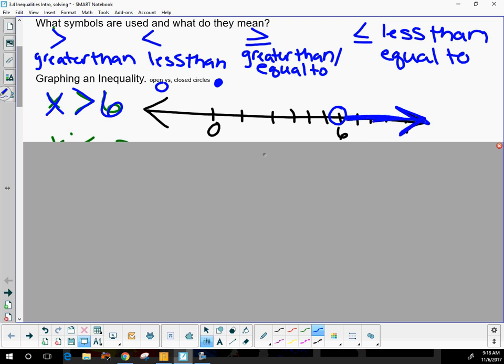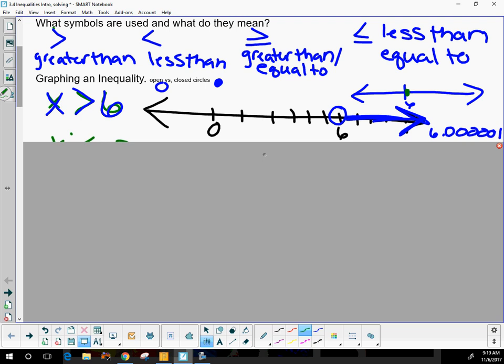And here's the problem. If I'm graphing on any number line really, and here's a 6, what I want to say is x is greater than 6. It can be 6.00000001, right? How close can I get that dot and make it look like I'm still not including the 6?